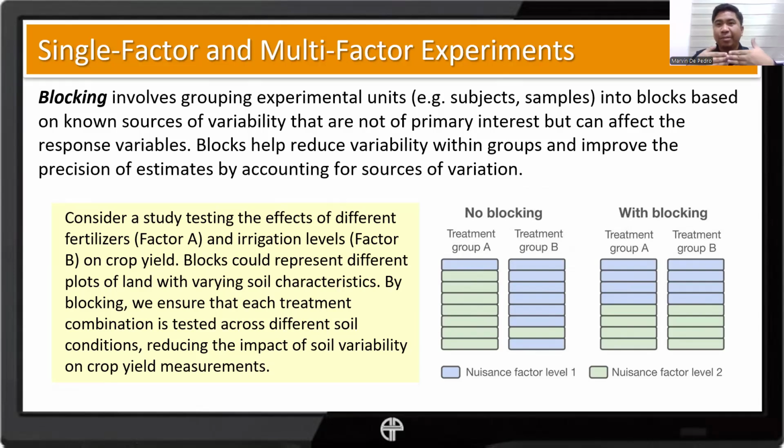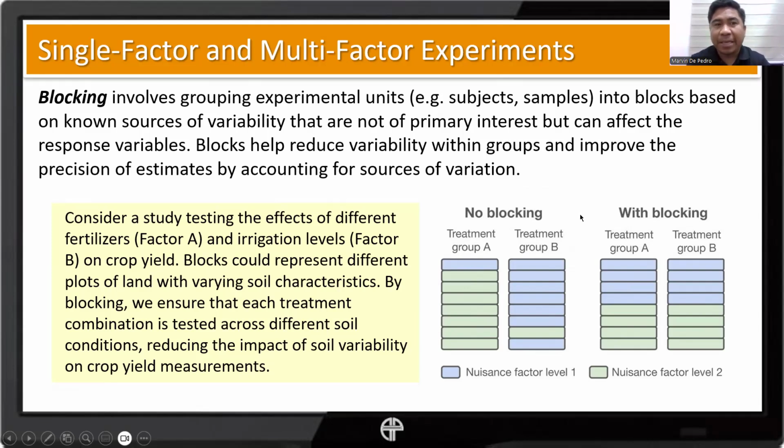If this portion is good, next is the moderate, and the next one is the bad, then ideally we divide it this way, longitudinally, so that both groups can have good soil, both groups can have moderate, and both groups can have bad soil. So that means blocking. In this case, the quality of soil is considered the blocking factor.